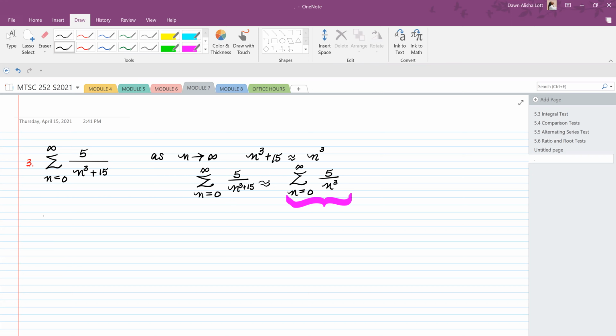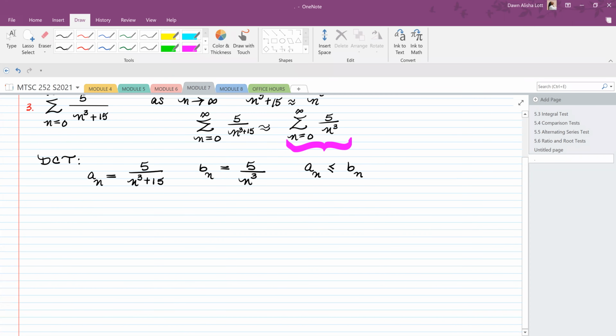So I could use the direct comparison test, where a_n is 5 over n cubed plus 15, and b_n is 5 over n cubed. And a_n is less than or equal to b_n always, because n cubed plus 15 is always bigger than n cubed.